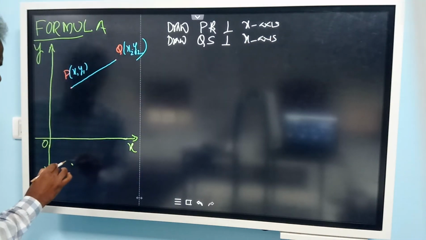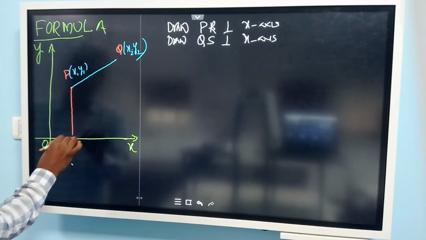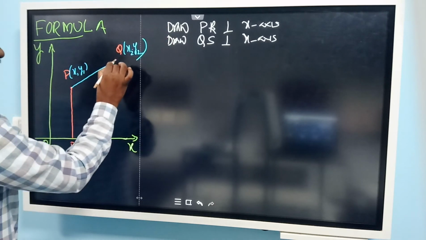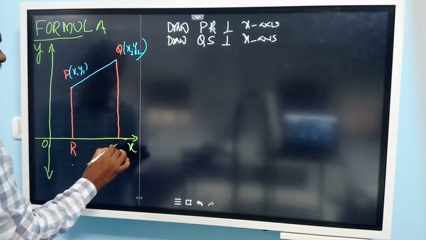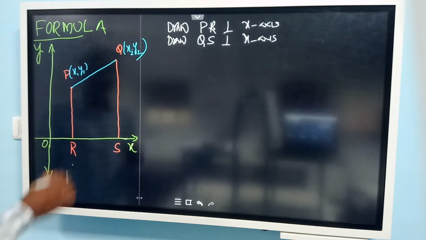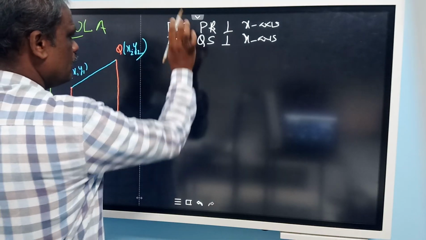So I am going to draw perpendicular lines to this. As I told, this is PR, and from here it is QS. And then join this line.